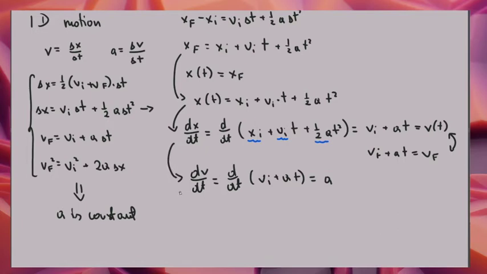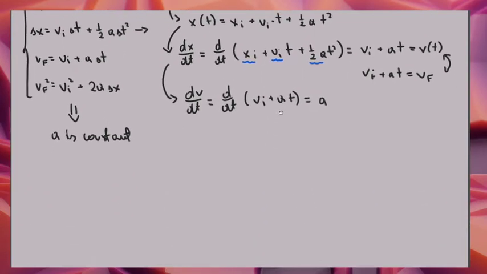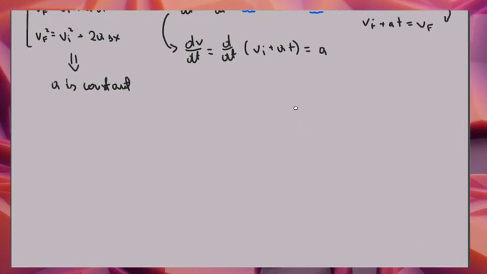And you end up with the same stuff as what you had before, right? Because what we've shown is that from here, you can move to here. You can also work backwards, if you will, and it's still all relying on constant acceleration.